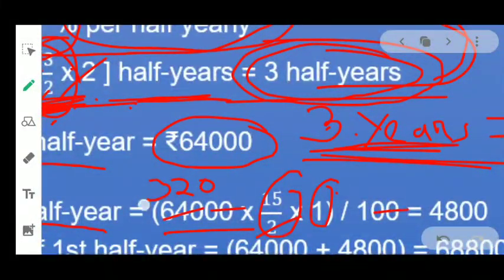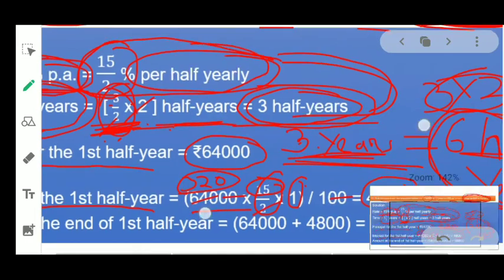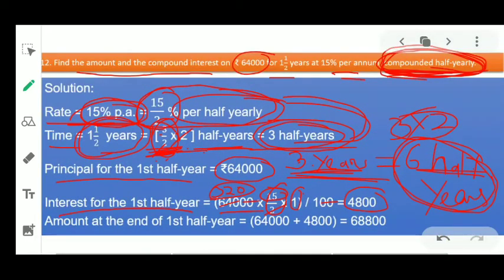Now 320 multiplied by 15 gives 4,800. That is the interest for the first half year. Now amount at the end of first half year equals 64,000 plus 4,800, that is P plus I, equal to 68,800.